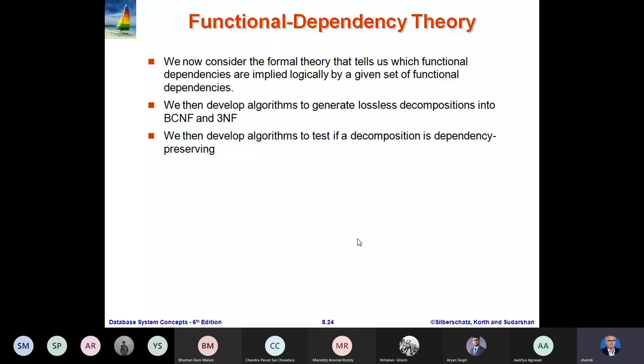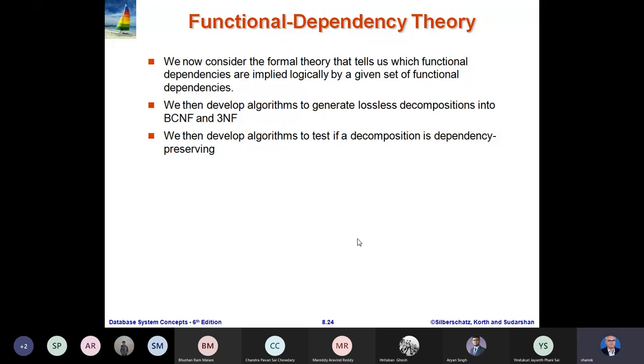And for decomposition of a schema which is not in BCNF, as we derive the decomposed schema, if the property of dependency preserving is not satisfied, and if we want to ensure that dependency, the decomposition should be dependency preserving.